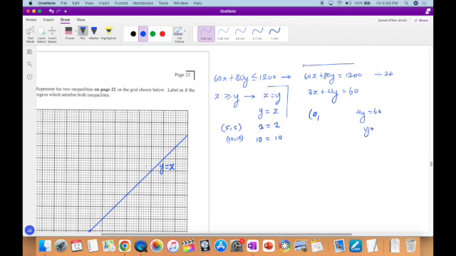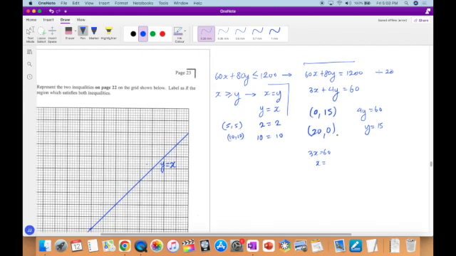So y is going to be 60 divided by 4 is 15. So when x is 0, y is 15. And let's now try when y is 0. So when y is 0, right, we're going to end up with 3x is equal to 60. So x is going to be 60 divided by 3 now, which is 20.